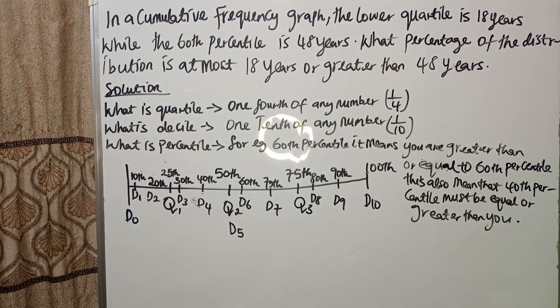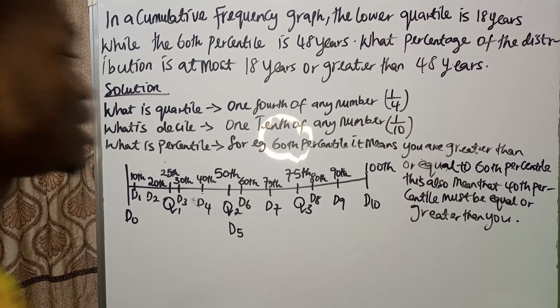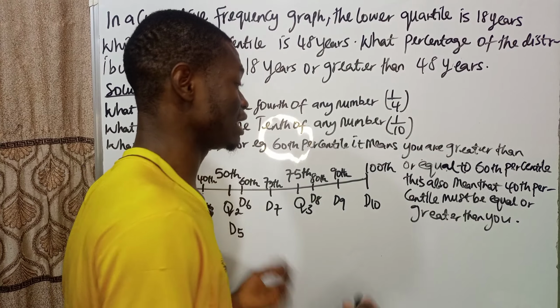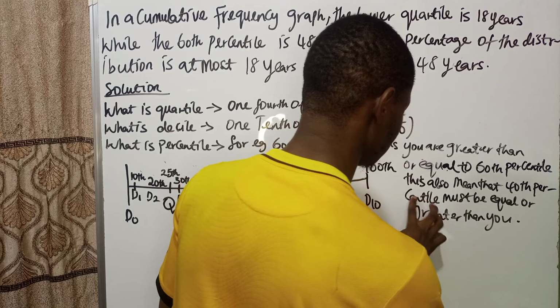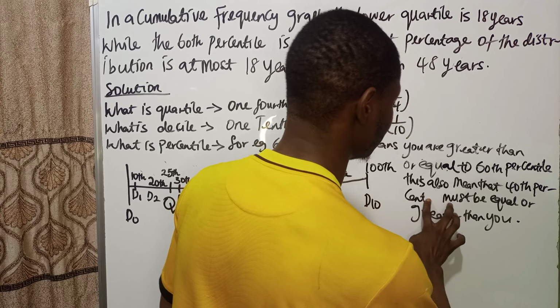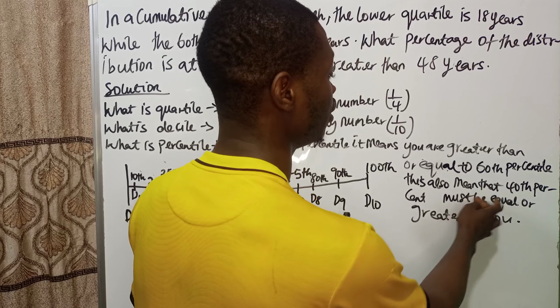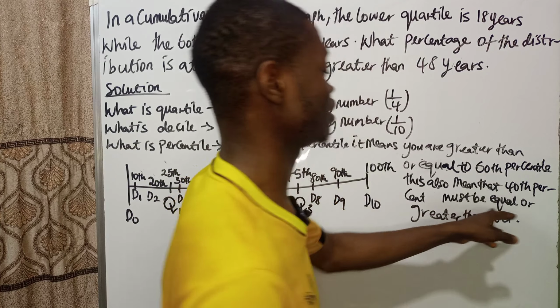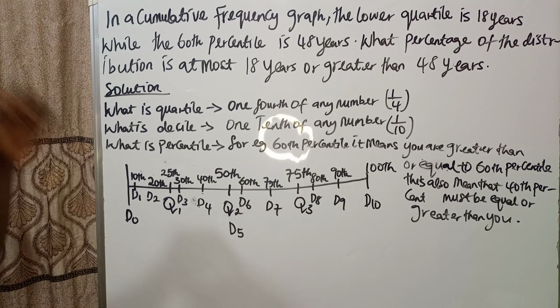I hope you can see it from there. So it also means that 40% of the data is what? Greater than you. 40% of the data must be greater than you, or 40% must be equal or greater than you. So that is percentile.